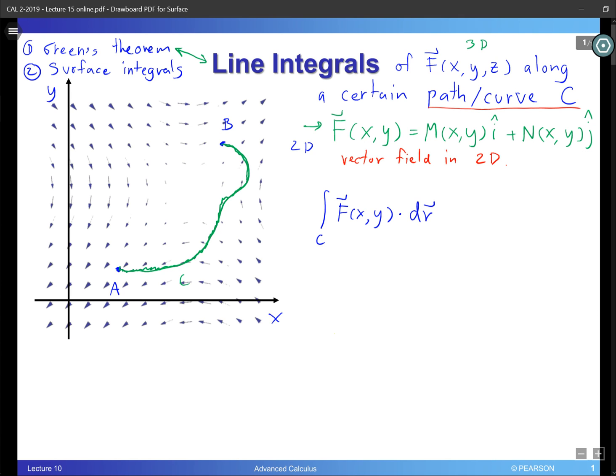This is the first form of the formula that we have. I'm going to call this first version, the most simple one, first version of the line integrals. Okay, once again, this is the line integrals formula.